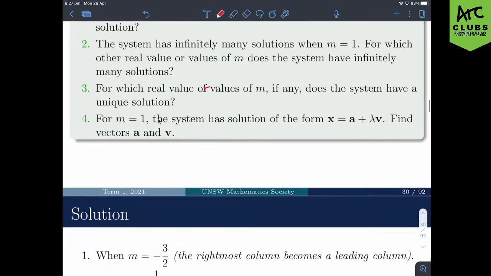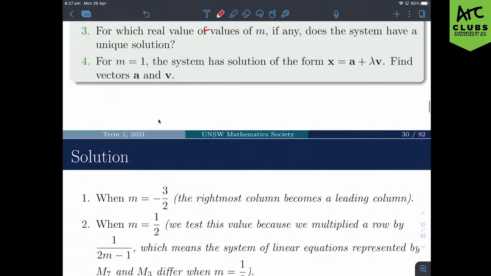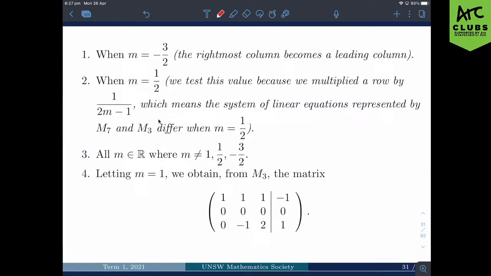And so the system would have a unique solution for every value except when M is equal to 1, where there's infinitely many solutions, when M is equal to 1 on 2, where there's infinitely many solutions, and when M is minus 3 on 2, where there's no solution. So that's our answer for 3.